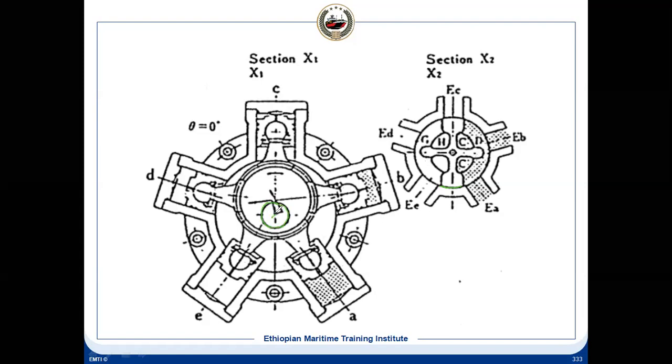It means this is the crankshaft center, whereas this center is this. The drum center is this, and your drum is rotating, and the piston is sliding on the drum. The piston is not rotating. The piston is reciprocating because of this eccentricity.